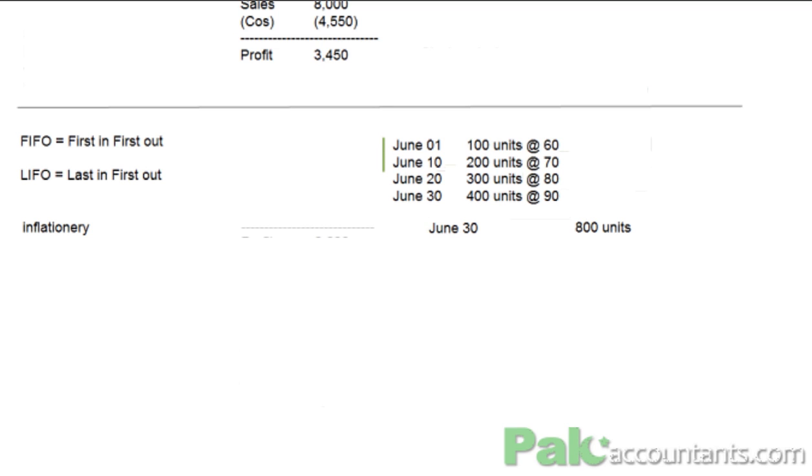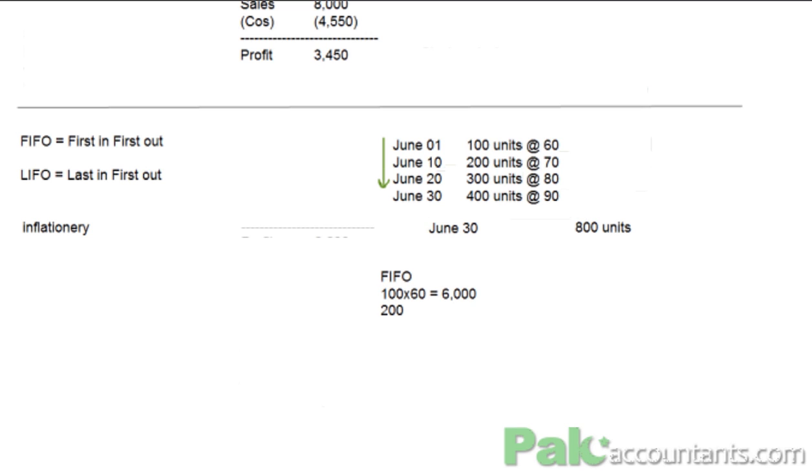You will be going from the very first one and then applying the units that you have bought later. Okay, so let's see. Under FIFO method, the first one leaving for production hall will be the 100 units, which we have bought for 60, so it will be costing you 6,000.